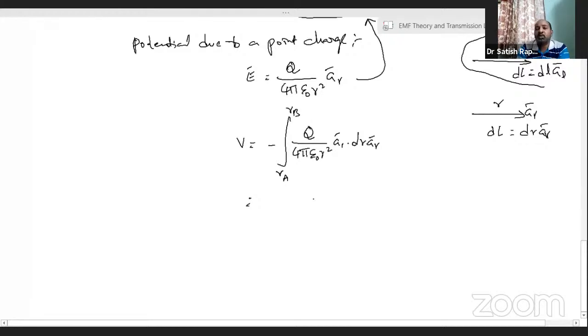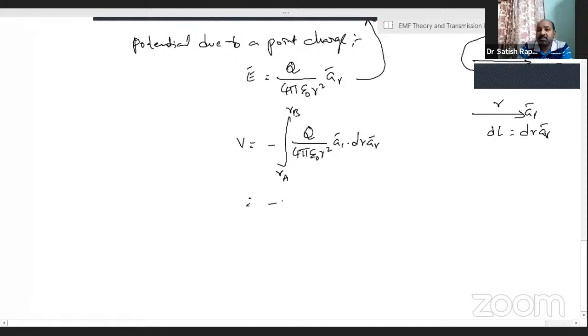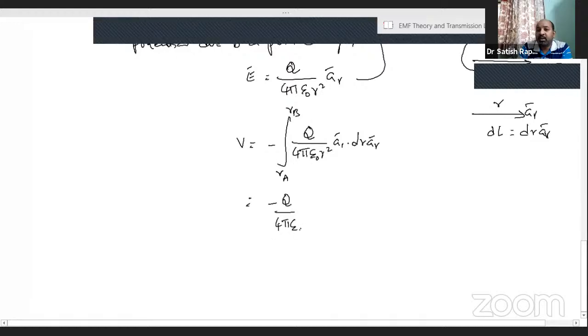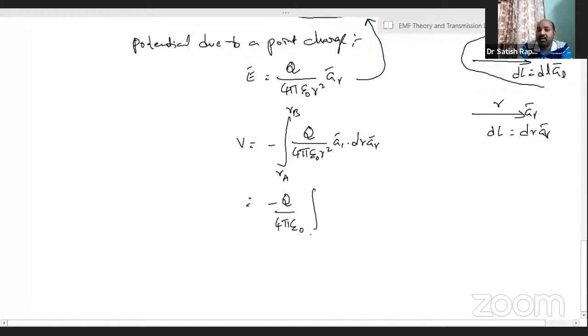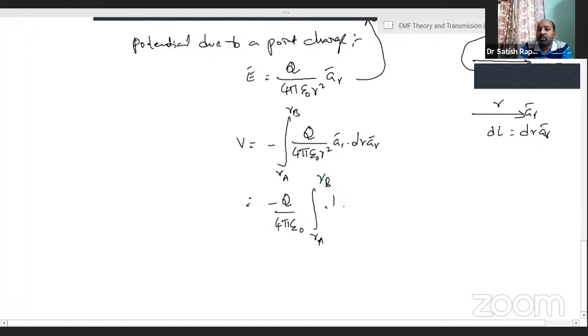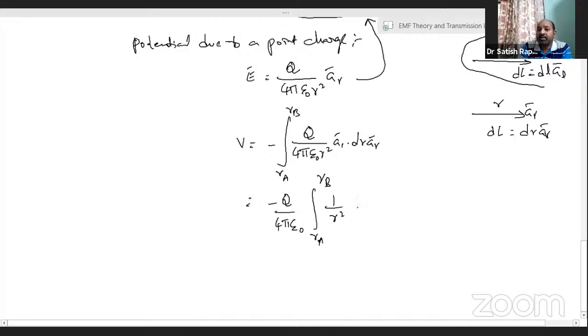So this will become minus Q by 4 pi epsilon naught integral RA to RB 1 by R square dr. Here AR bar dot AR bar is 1. So therefore, we will have this one.